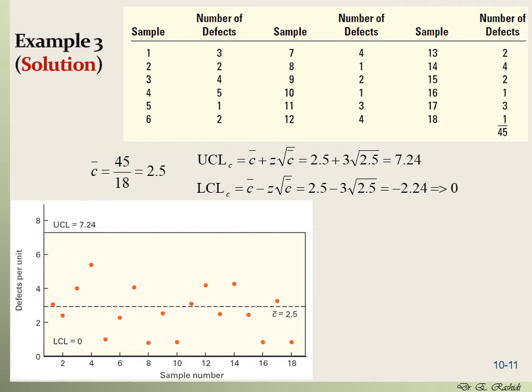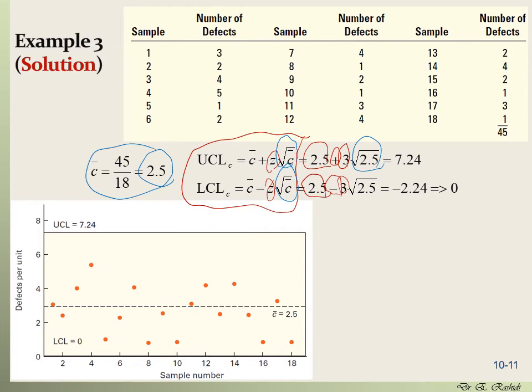And then we're gonna use these two formulas to find the upper and lower control limit for this chart. C bar is 2.5 computed. For the upper limit, we're going to use the plus. For the lower limit, we're going to use the minus. Z here is 3 based on the problem statement. And the standard deviation, or square root of C, is the square root of 2.5 because C is 2.5.